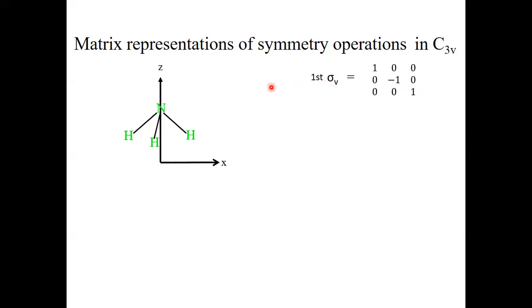Because this sigma v here is defined to be in the xz plane. Therefore it contains the x coordinate and the z coordinate. The x coordinate and the z coordinate don't change as we carry out the symmetry operation. So therefore the characters here are just 1. The y coordinate, which stands perpendicular to this plane, changes its algebraic sign. Therefore the character is minus 1.